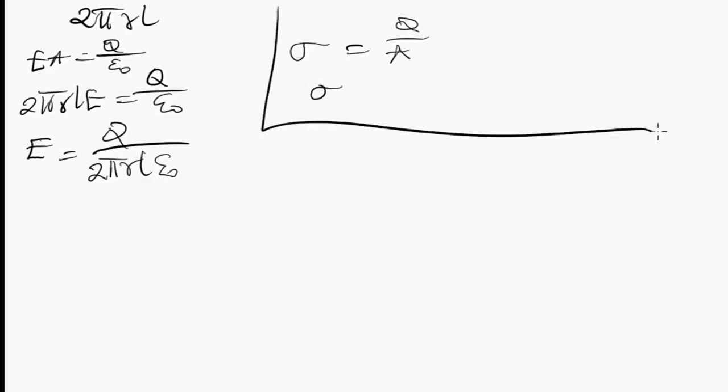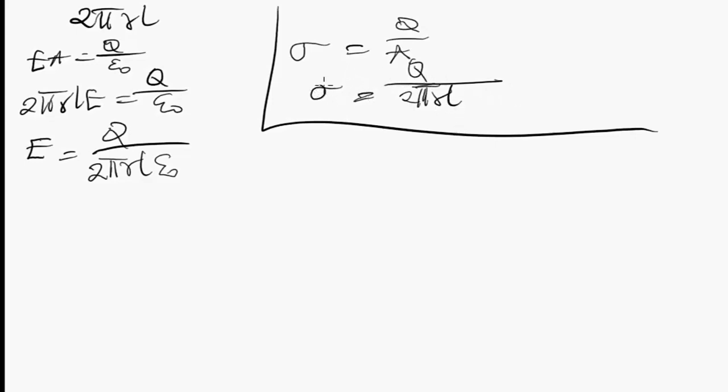Now this actually means that the surface charge density is the charge over the area of the cylinder in this case, which is 2 pi RL. Now this makes it simpler for us.